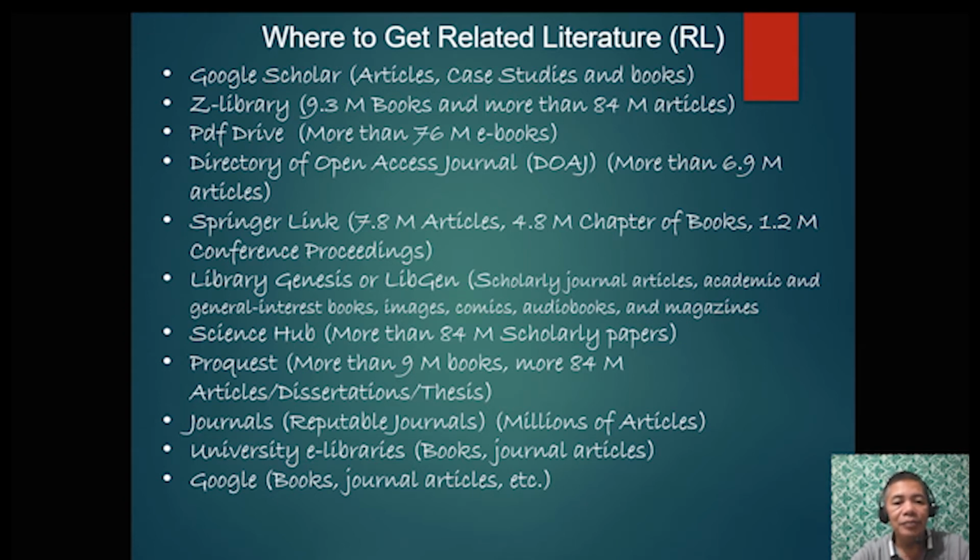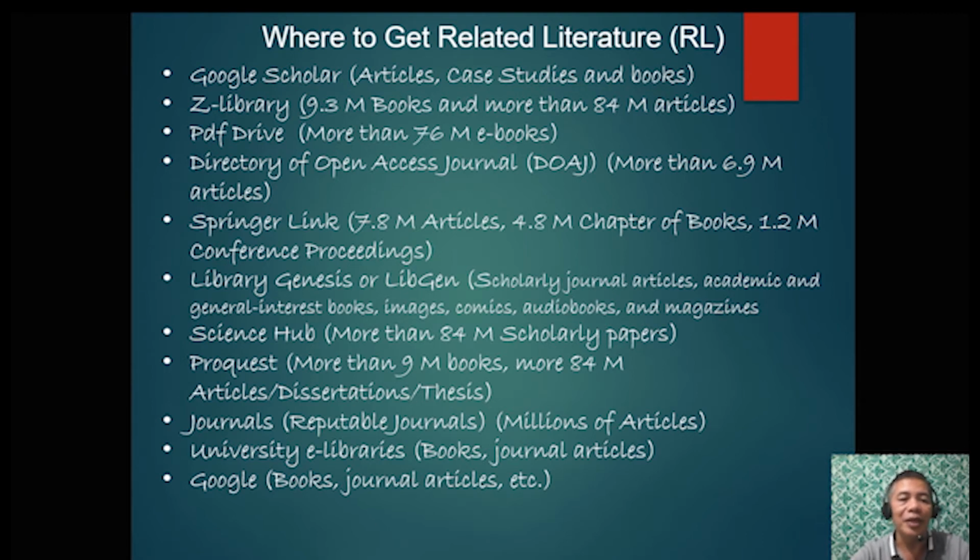Another is PDF Drive. There are more than 76 million ebooks. It is similar to that of Z-Library. They need donation, they need payment. If you can see in the website the premium, that means you will pay.